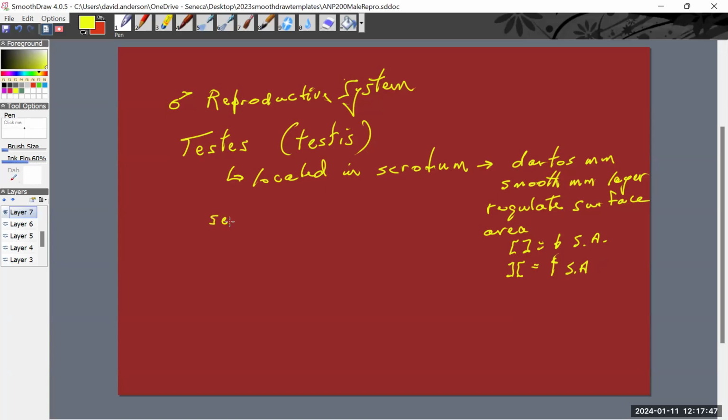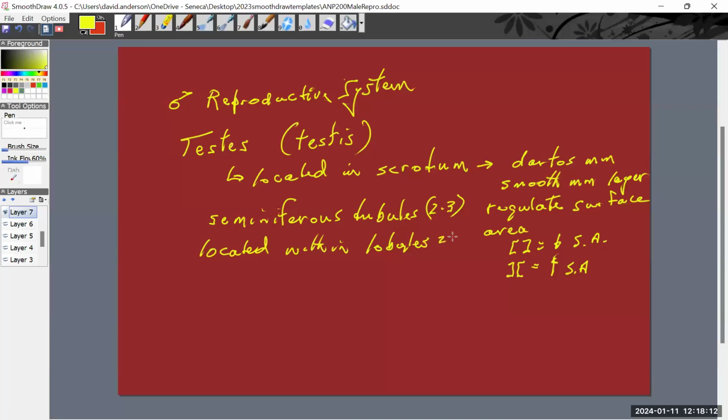So the seminiferous tubules, 2 to 3, are located within lobules, and there may be 200 to 300 of those lobules, all within one testis.